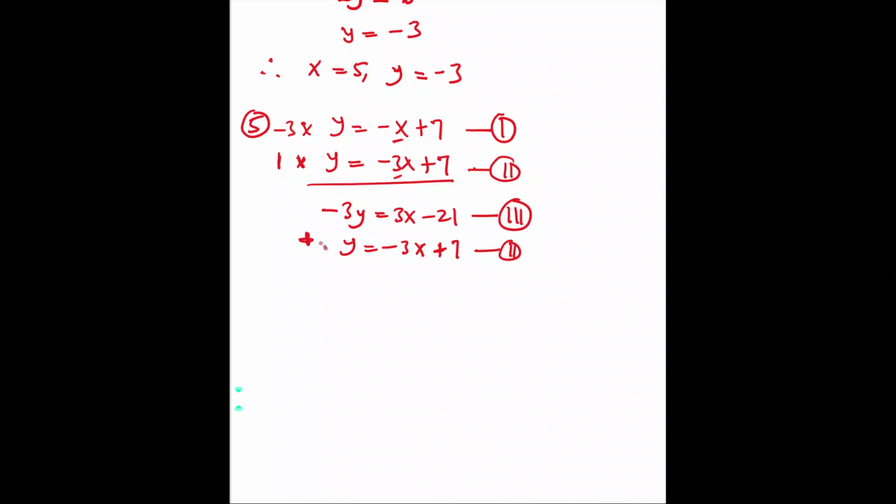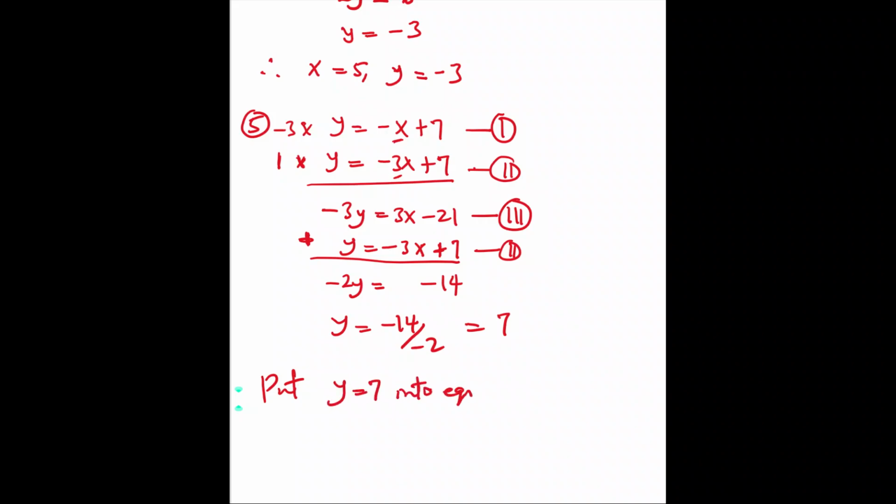Okay, that's still equation 2. So now let's add both equations. So minus 3y plus y is going to give us minus 2y. So 3x minus 3x is 0, and minus 21 plus 7 is minus 14. So that will be y equals minus 14 divided by minus 2. That will give us 7. Okay, y equals 7.